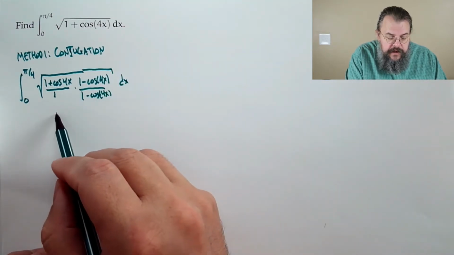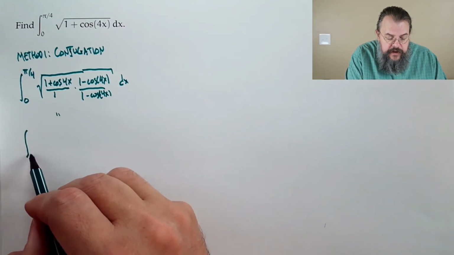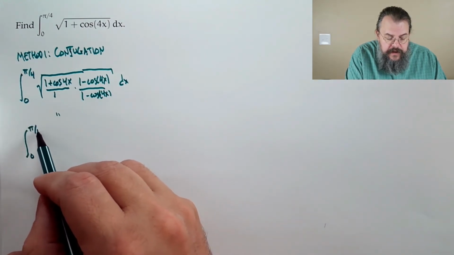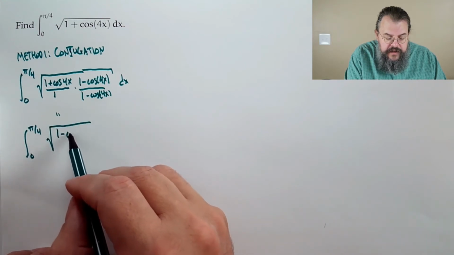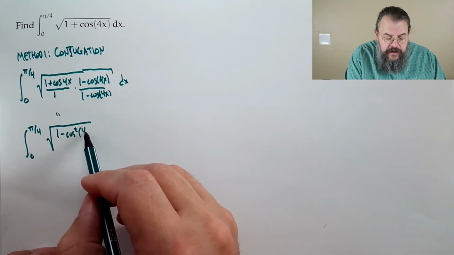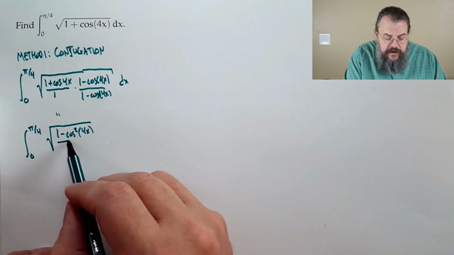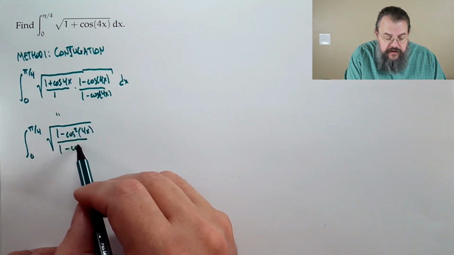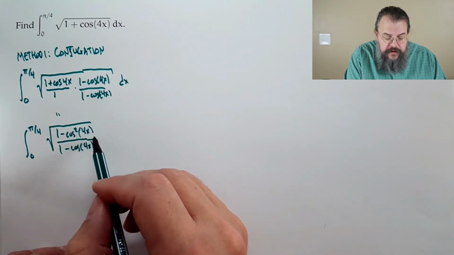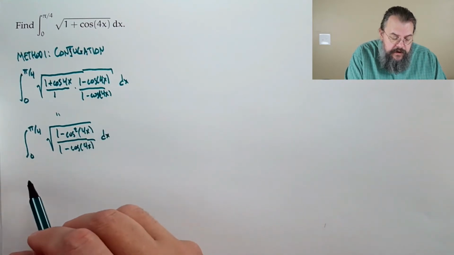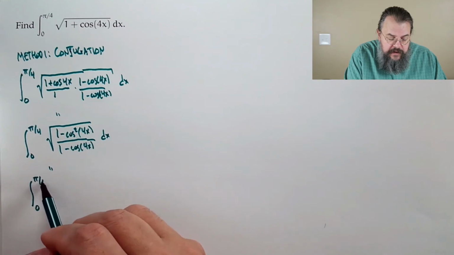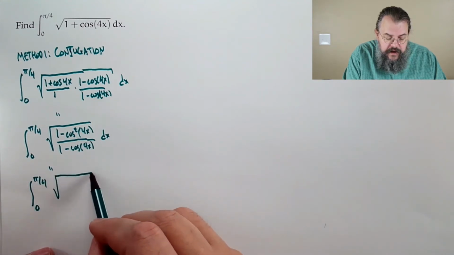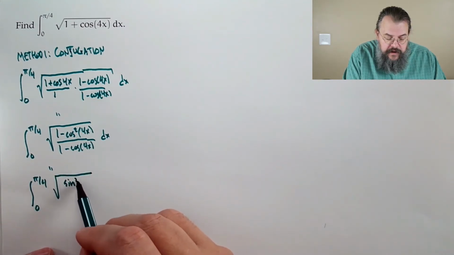And if we do that, what we get out is the following. So upstairs, 1 minus cosine squared of 4x. Downstairs, 1 minus cosine of 4x. And we say, okay, on the numerator, that's the same as sine squared.